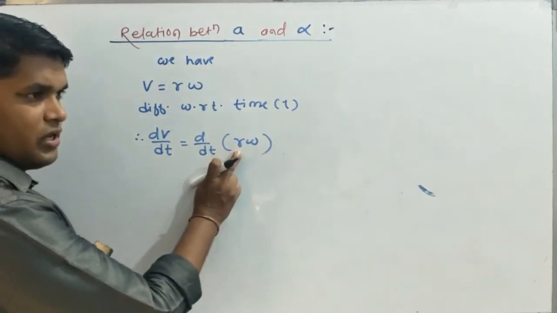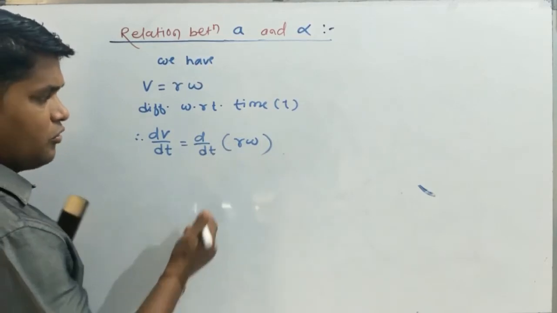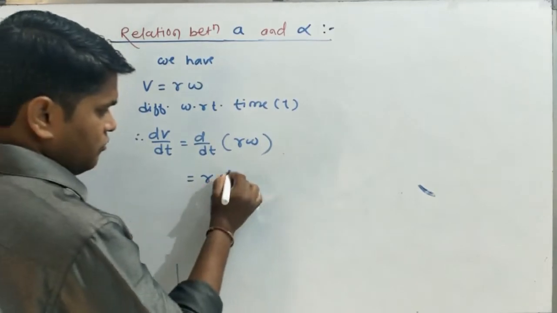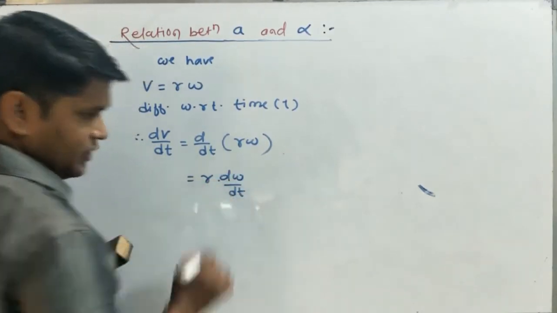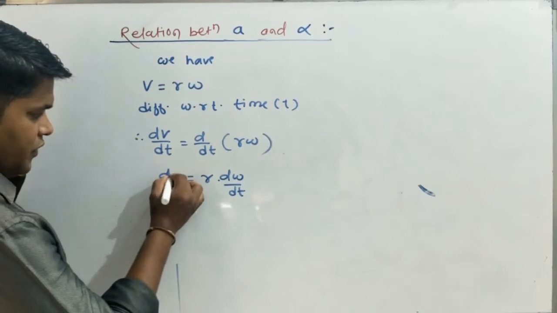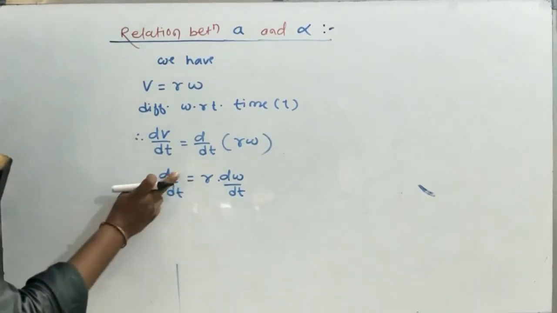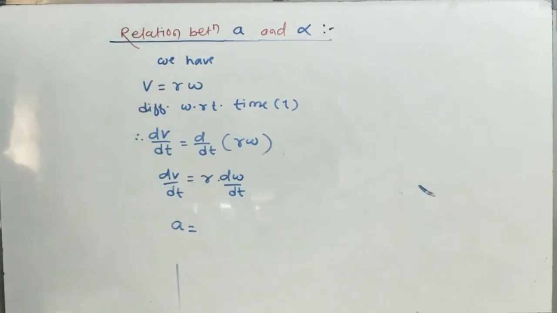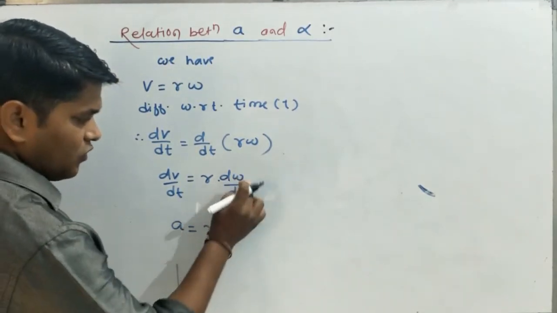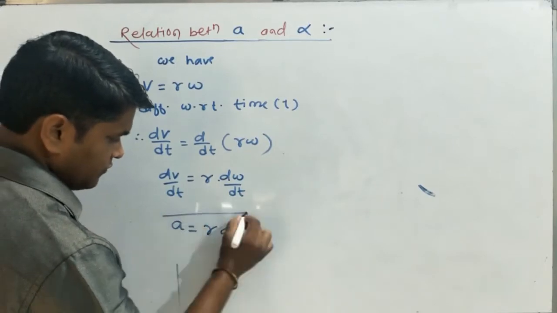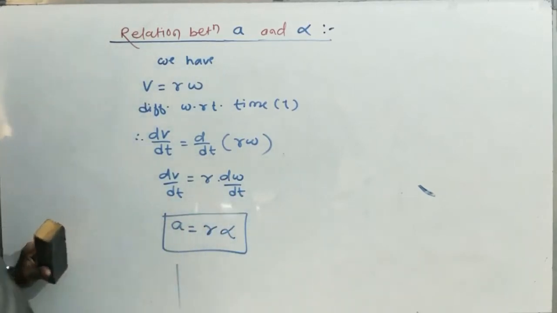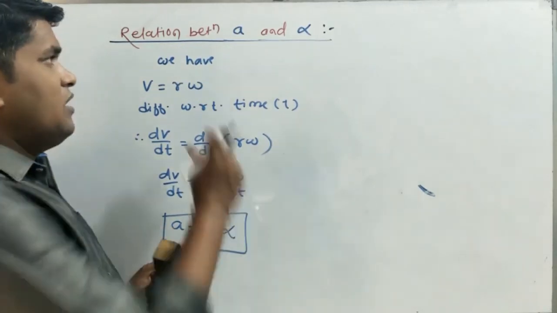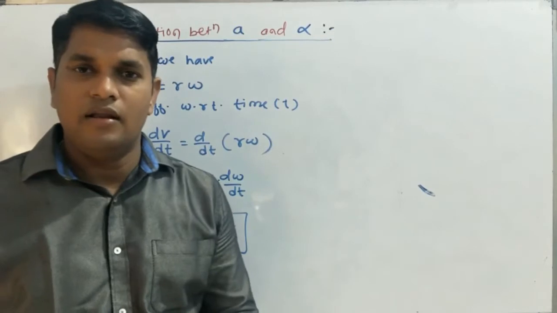But r is a constant term because the radius vector has constant magnitude, so taking it outside, into d omega upon dt. Now dv upon dt, linear velocity upon time, is the linear acceleration, and it is equal to r into angular velocity upon time, which is alpha. So we get a is equal to r alpha. This is the relation between linear acceleration and angular acceleration.